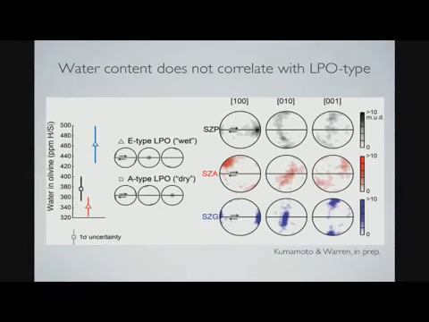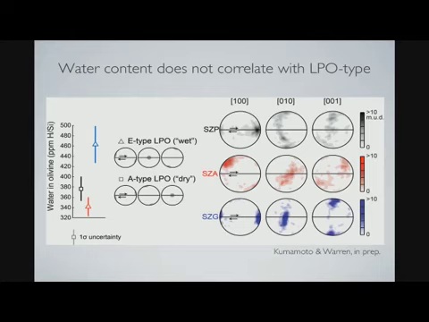Well, that kind of answers my question, but I'm just thinking because A-type olivine is predicted to occur at low water contents. So if the bulk of the upper mantle is indeed A-type, does that have implications? It's also not clear. Okay, so this is the thing that I skipped over, which is observations from the Josephine prototype where we've measured the water content and we've measured the LPO.